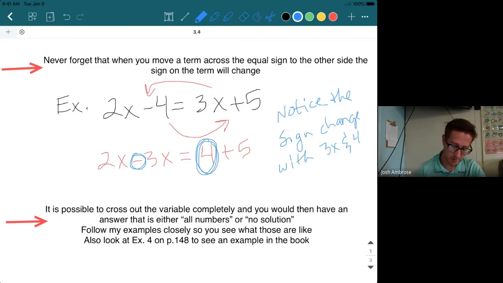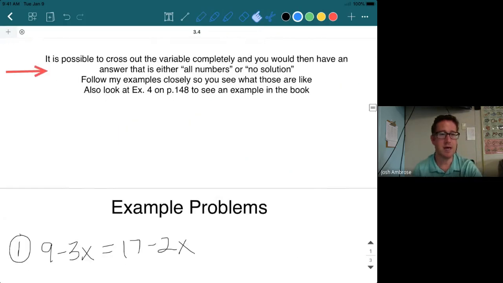All right, let's move into our last little note here. It is possible to cross out your variables completely, meaning you can eliminate x from an equation, and x is completely gone, or y, or whatever letter they're using. If that is the case, you will have one of two answer possibilities.